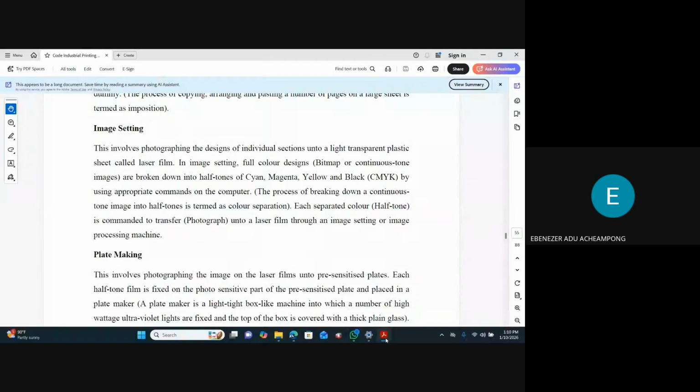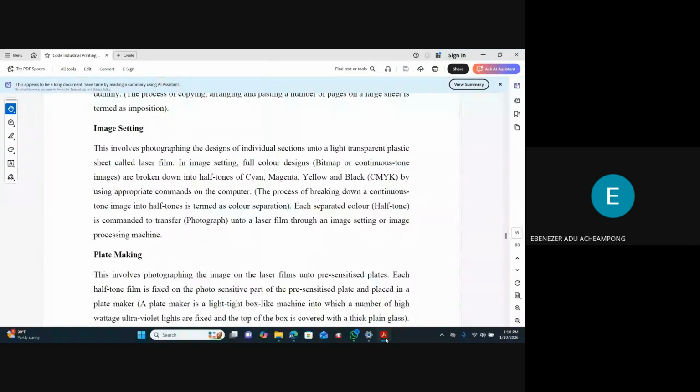Image setting. This involves photographing the design of individual sections onto a light transparent plastic sheet called laser film. In image setting, full color designs, that's bitmap or continuous tone images, are broken into half tones of cyan, magenta, yellow, and black by using appropriate commands on the computer.